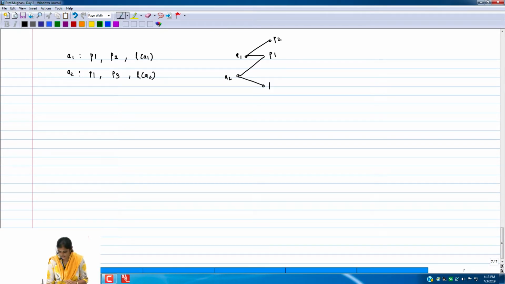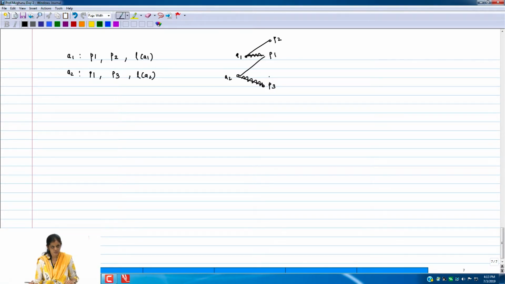So the graph indeed has all the edges, and now what is a possible popular matching? A1 P1 and A2 P3, and you can observe that the other matching, that is A2 P1 and A1 P2, is also a popular matching.